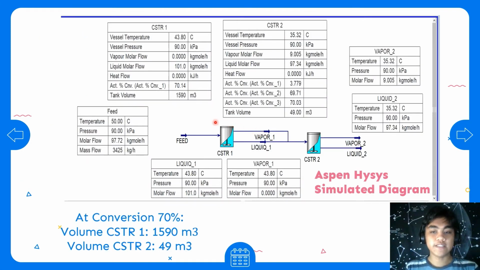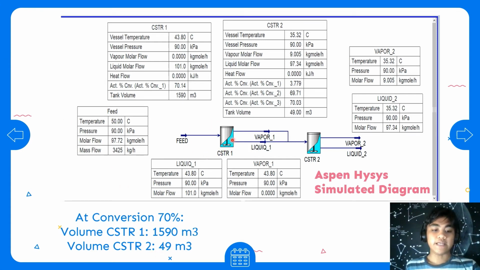After successfully simulating the proposed reaction process using parameters from the reaction engineering part, this is the process flow diagram obtained. Since our estimated conversion is around 70%, by using the trial and error method, the volume of CSTR1 is 1590 meter cubed. The volume of CSTR2 is around 49 meter cubed.